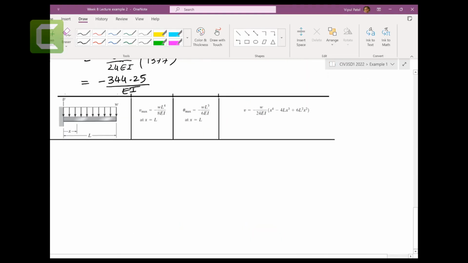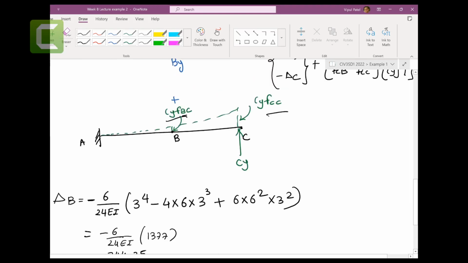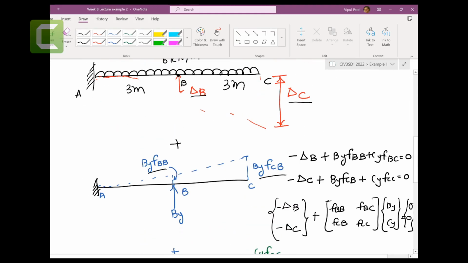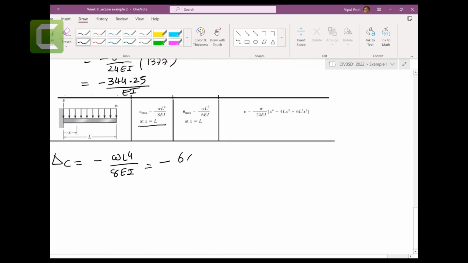Now let's find deflection delta C. Deflection delta C, I think this is the maximum one. So it's WL to the power 4 over 8 EI, minus, because it's going down, so minus. W is 6, length is 12, so minus 6 times 12 to the power 4 over 8.